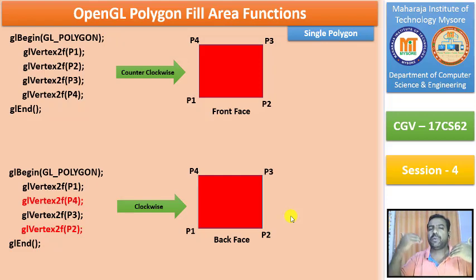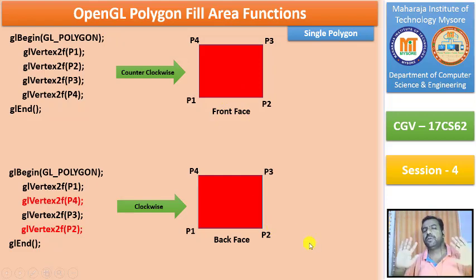Whatever face is right now visible to the user, we call this the front face. Whatever is hidden behind the front face, we call this the back face. Hence, whatever the object is, it is going to have both faces. So the order or direction of the vertices is going to differentiate between the front face and the back face.